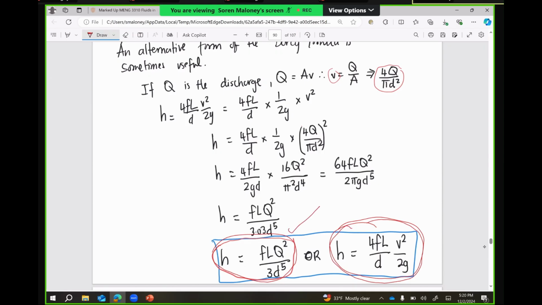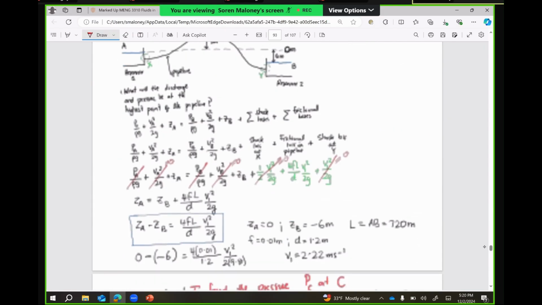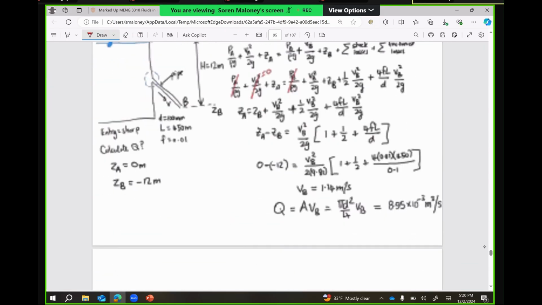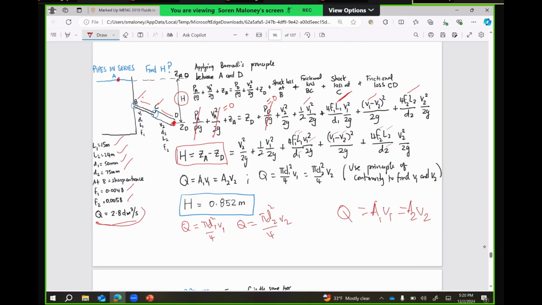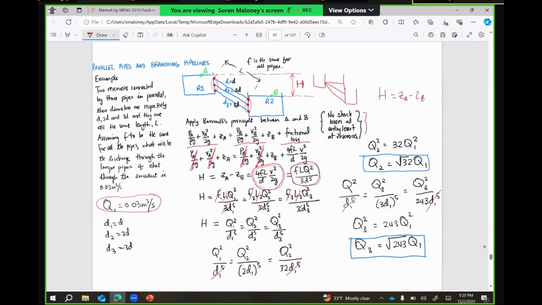Now, we're using this format here because it's very useful, because the problem gave you the value. I think it told you what the flow rate was, which you have here. It gave you the flow rate, right?